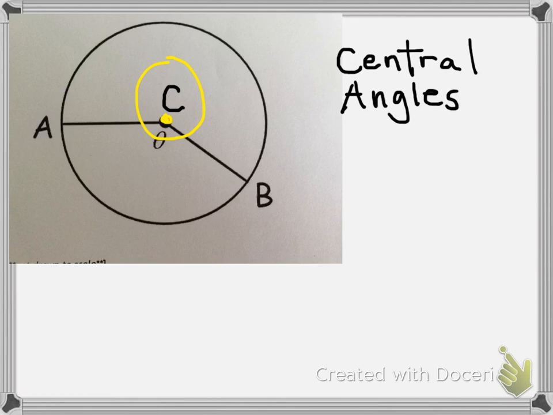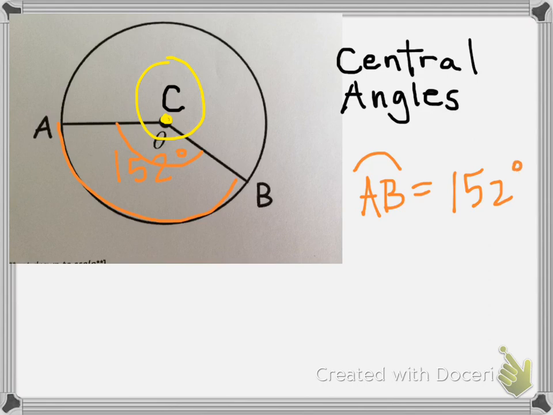If I say this angle is 152 degrees, then here's what happens. This arc, you could call it arc AB, would also be 152 degrees.